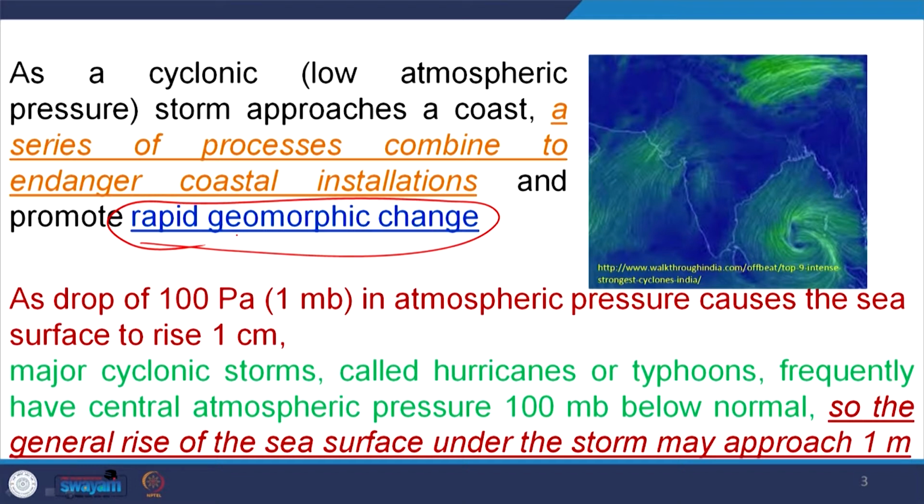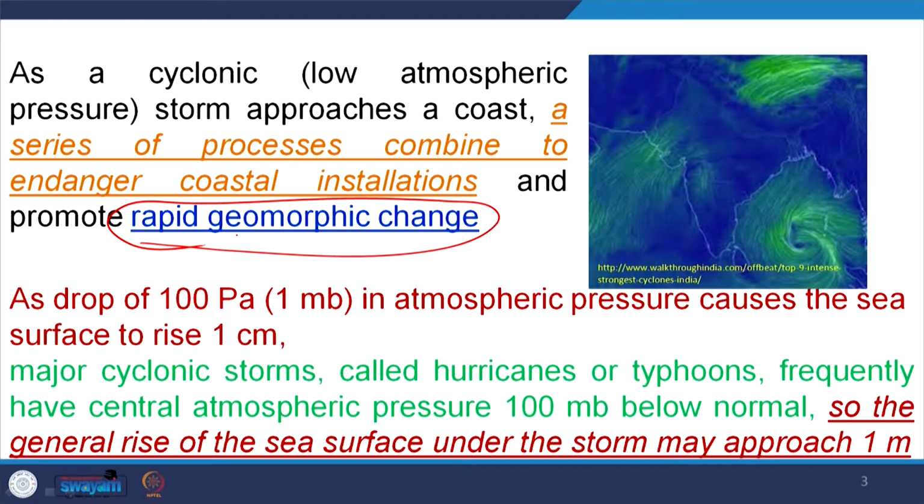When we talk about coastal processes, we say the coast is constantly being modified by wave action. It is a permanent process, but once there is an event of storm activity, a sudden sea level rise, this water will encroach on the coast. So, that will rapidly modify the process.